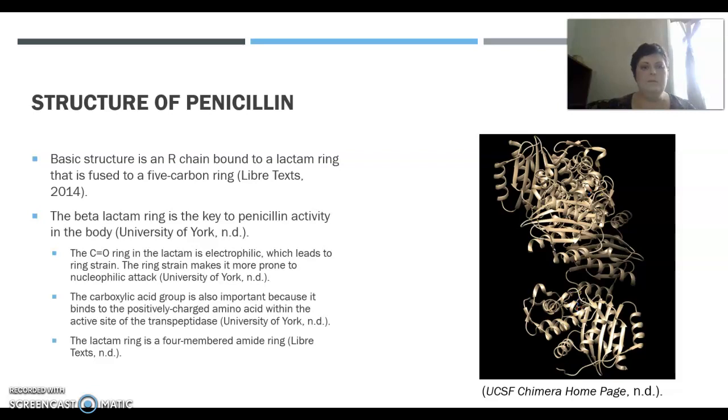The ring strain makes it more prone to nucleophilic attack. The carboxylic acid group is also important because it binds to positively charged amino acids within the active site of the transpeptidase, which is the enzyme that we mentioned earlier that's important for peptidoglycan synthesis. And the lactam ring is a four-membered amide ring.